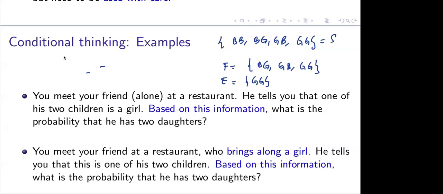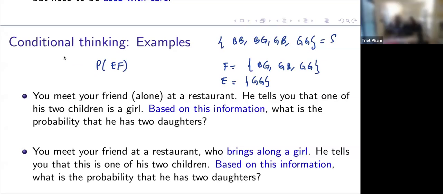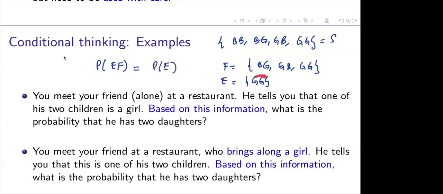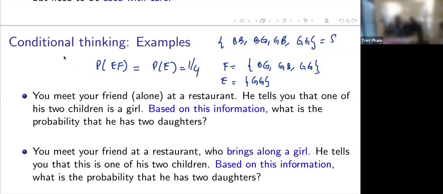So E given F is going to be equal to, on the top, P of E and F, which would be 1/3. That's wrong. Because P of EF, if you look at it, it's really just P of E, isn't it? Because E intersect F is E. So that's 1/4.